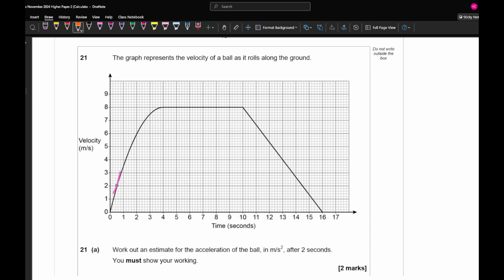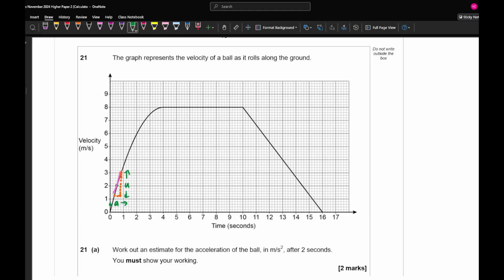And what you then need to do is work out the gradient of that particular line that you have drawn. So to work out the gradient, it's the distance up divided by the distance across.